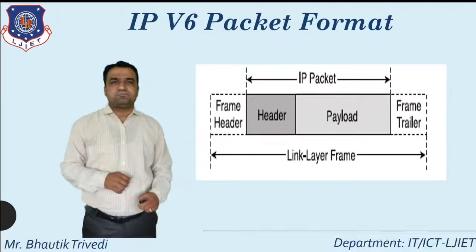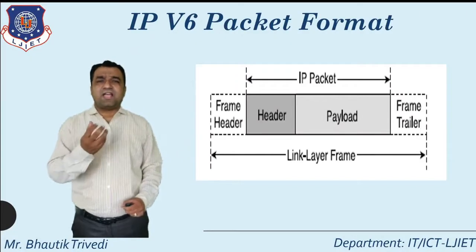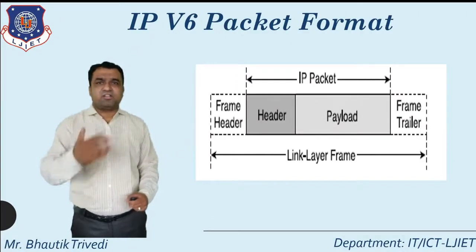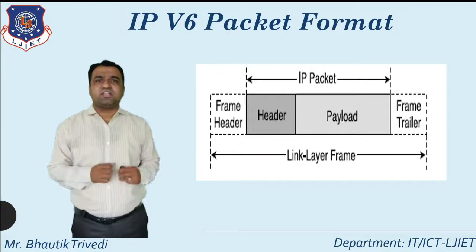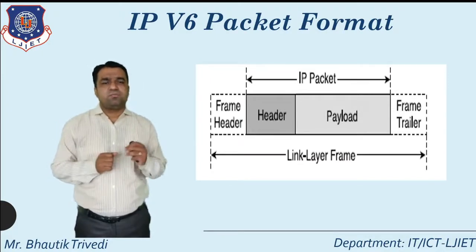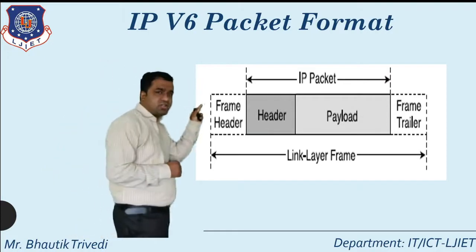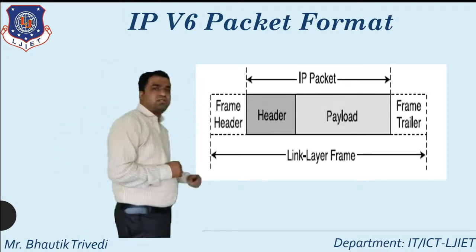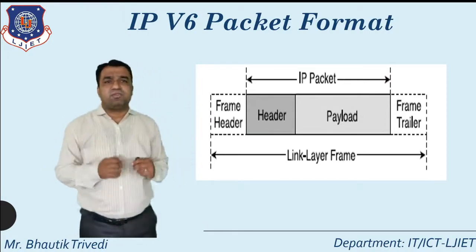After that, whatever discussion is going on currently is totally related to the packet format. Here you see one proper diagram. One is the frame header and the last one is the frame trailer.